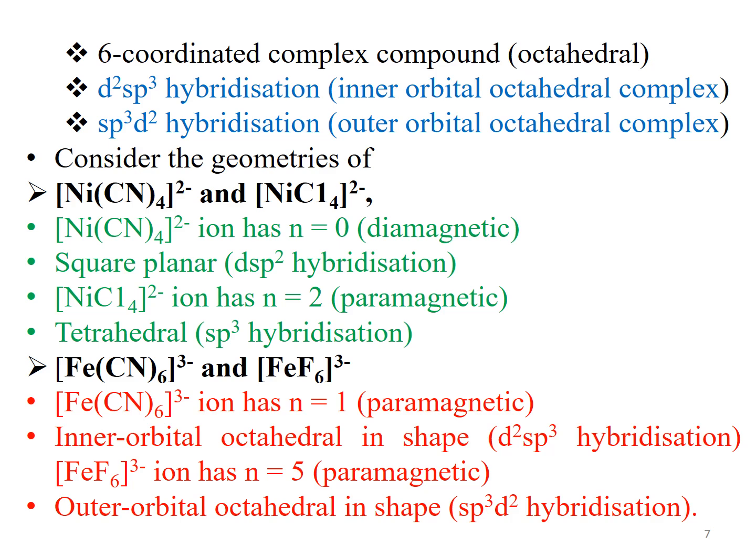But hexafluoroferrate ion has five unpaired electrons, and its magnetic moment should be equal to five unpaired electrons, and it is outer orbital octahedral in shape, having sp3d2 hybridization.